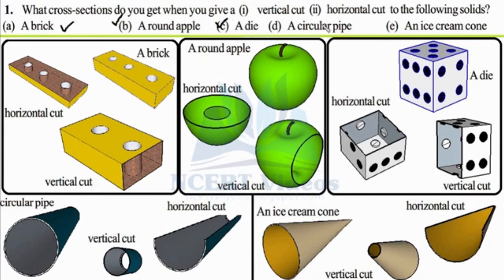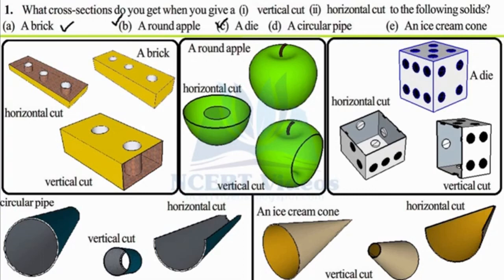Then a circular pipe. Well, you have seen circular pipes carrying water to your house. So this is your circular pipe. When you make a vertical cut, then you will get again a pipe, but smaller in length. So this is the vertical cut. Again, this cross section is of circular shape.